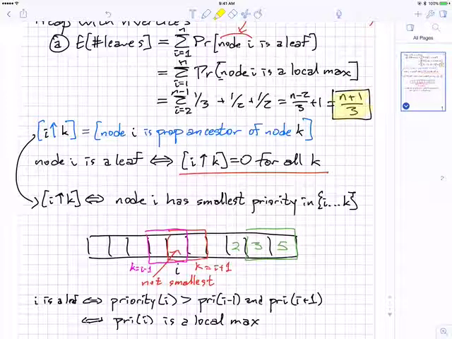Because it's a binary search tree, for node I to be a leaf means that it cannot be a parent, so it has to have the highest priority among just its adjacent nodes. Yes. I mean, this is the right intuition. The important thing to remember is on an exam, what you would write down is (n plus 1) over 3.